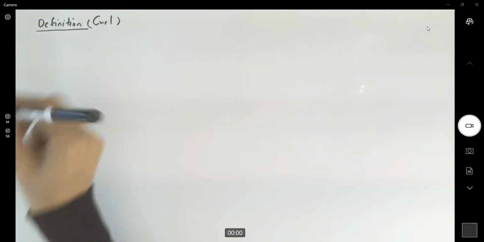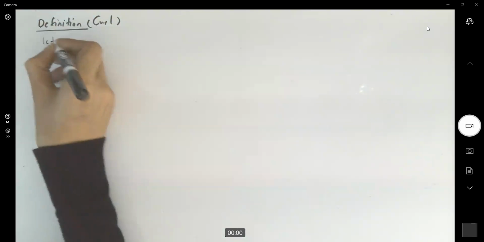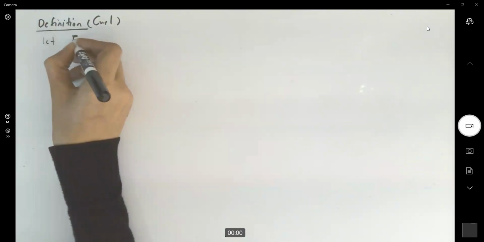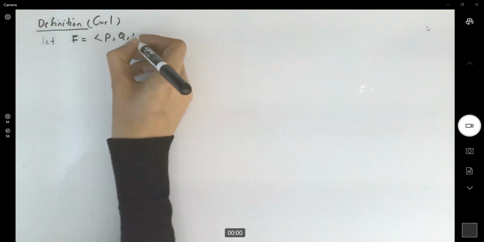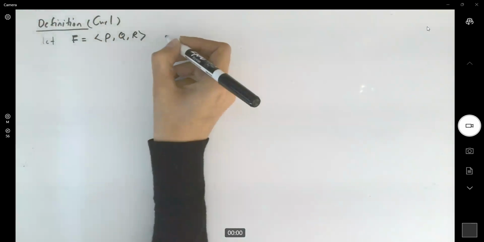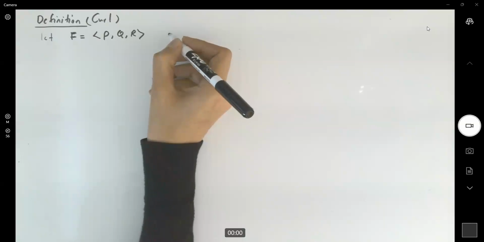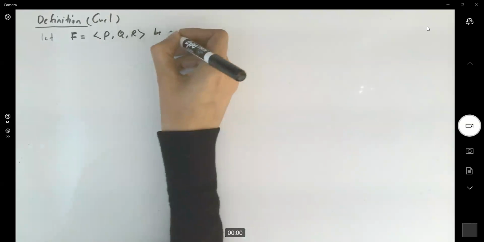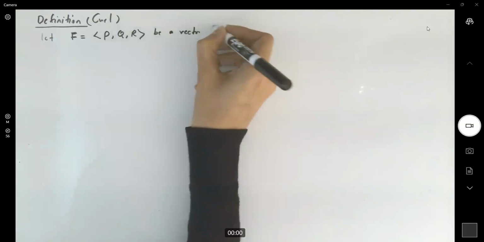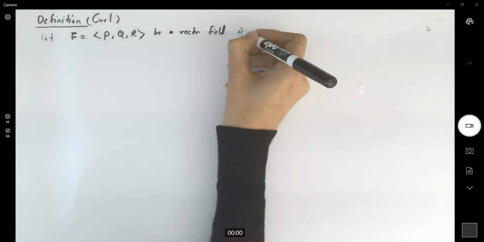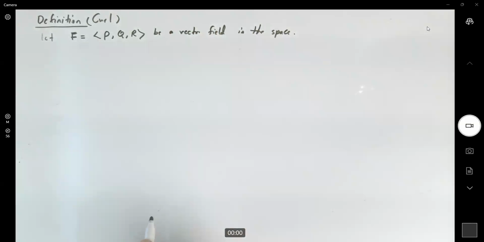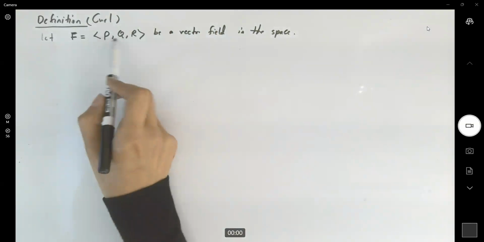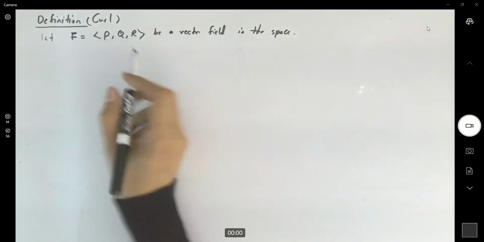Suppose you have a vector field, let F be defined as P, Q, R, be a vector field in the space. Suppose the partial derivatives of P, Q, R exist as well.